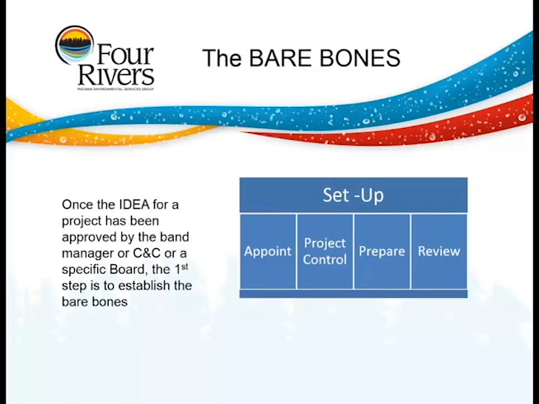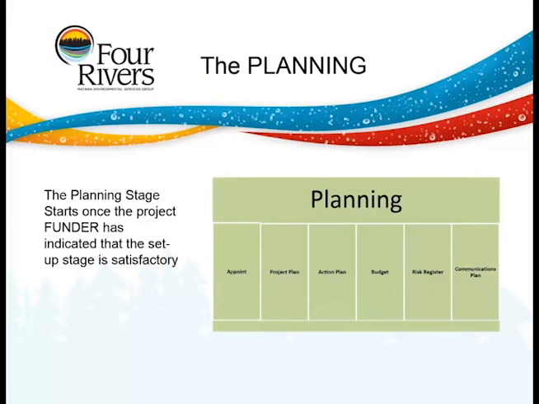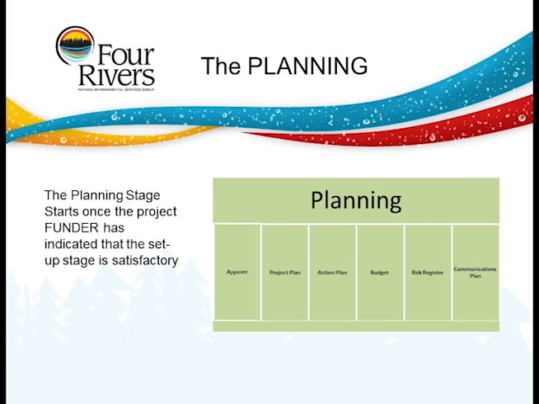So the planning stage. This planning stage starts once the project funder has indicated that the stage prior, the setup stage, is satisfactory. So it meets all of their requirements, what they want to see. You're meeting all of their demands of your funding. This one has 6 pieces to it.